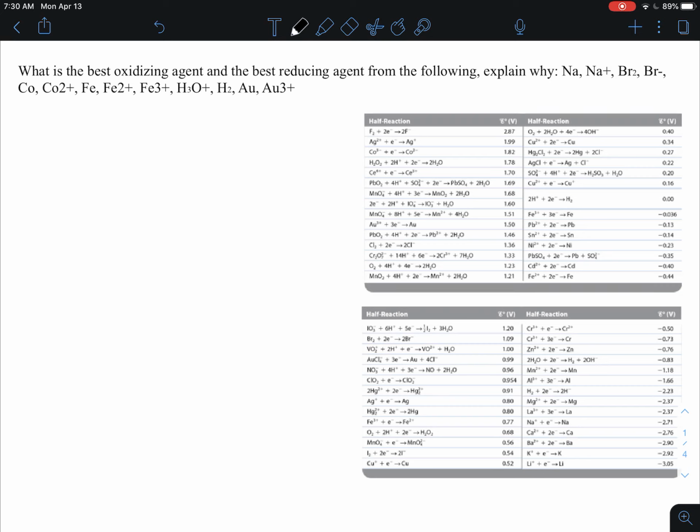Before I even look at all of these substances, I want to think of what it means to be the best oxidizing agent and the best reducing agent. To be the best oxidizing agent means it's most easily reduced.